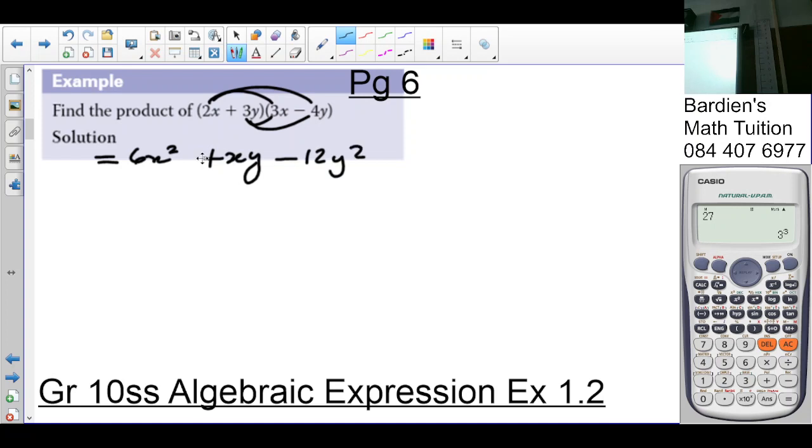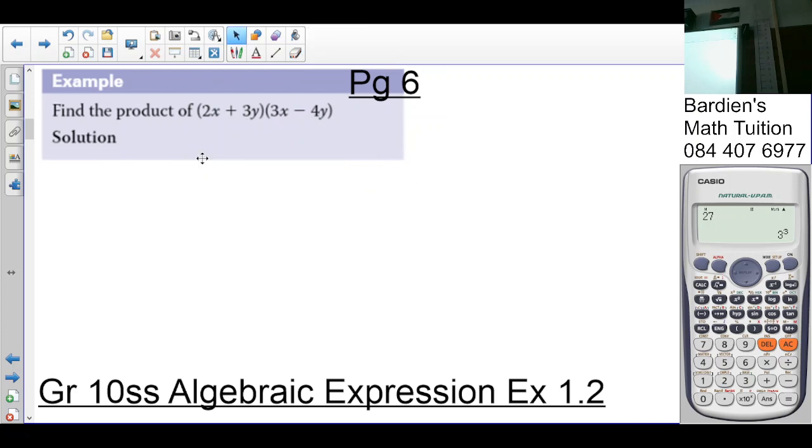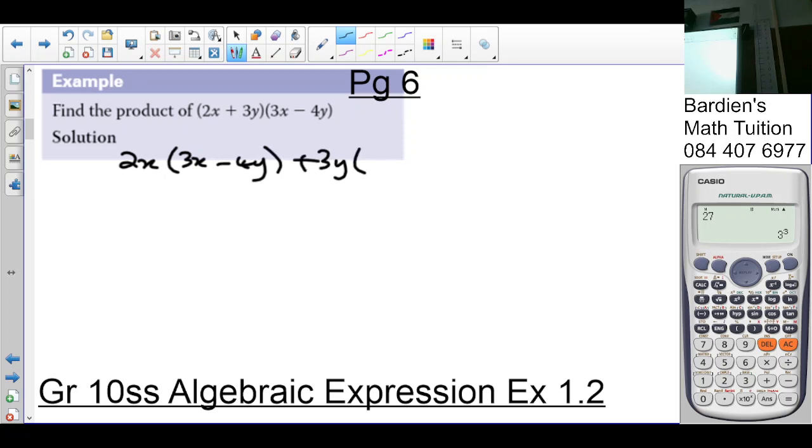Okay, that is another way to do it. You can skip that middle step there. Otherwise, what could also have been done is, from the distributive law we know that 2x must be multiplied by 3x minus 4y, and then 3y must be multiplied by 3x minus 4y.